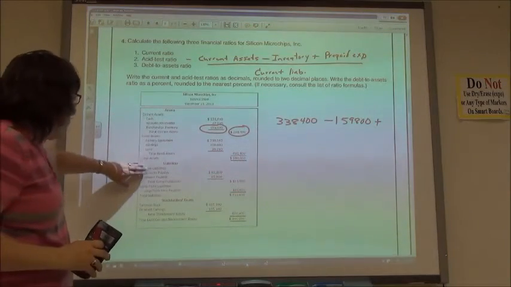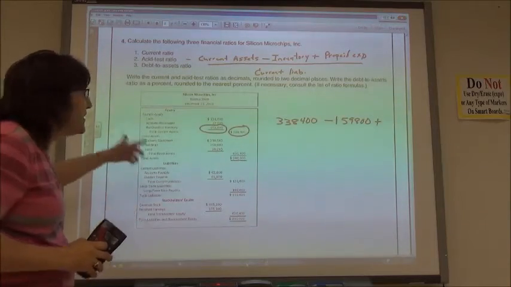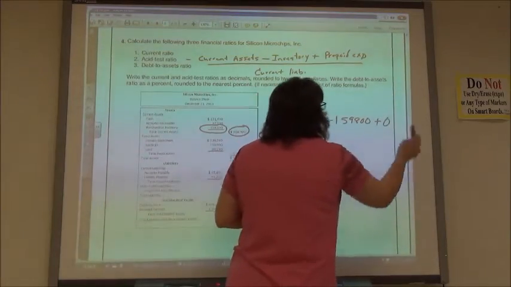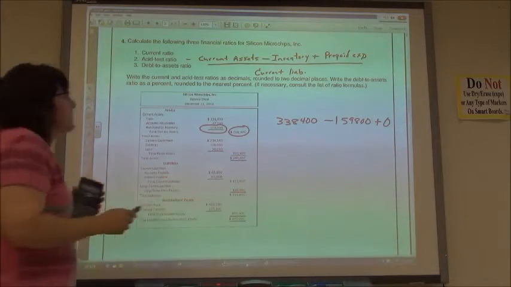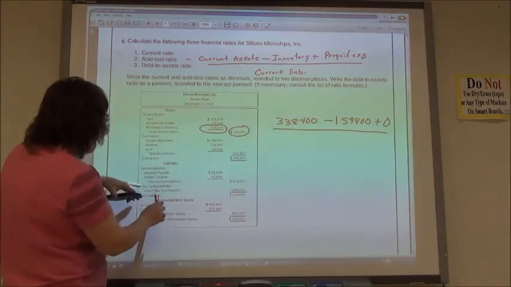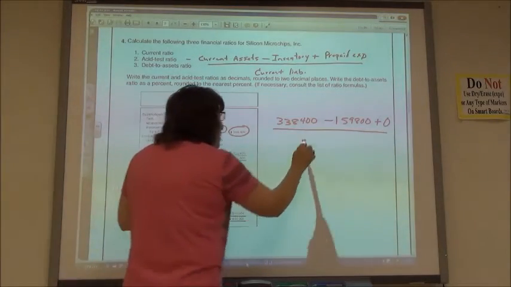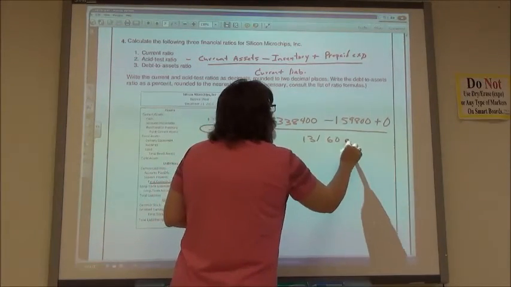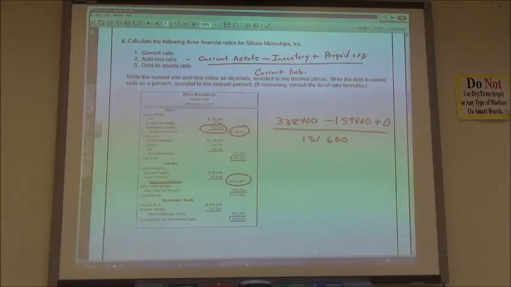If I look here under my liabilities, we don't have any prepaid expenses, so we're not going to add anything there. And then we're going to divide that by our current liabilities, which we already found earlier, but I've got to find them again. Total current liabilities, $131,600.